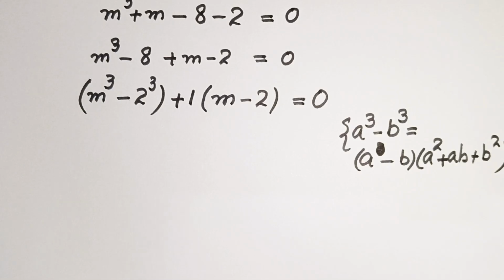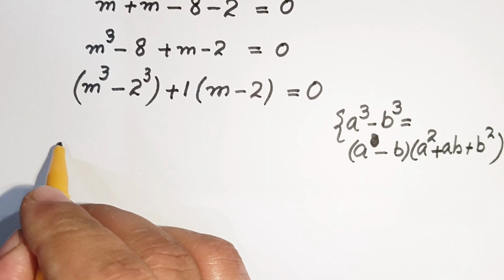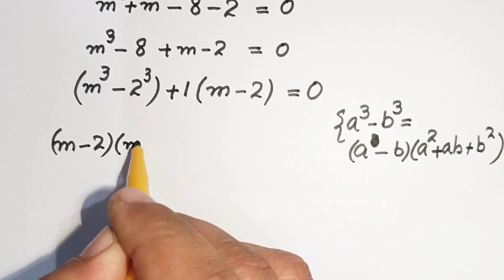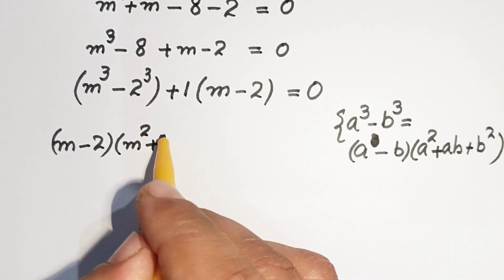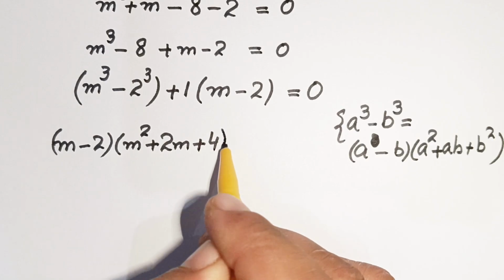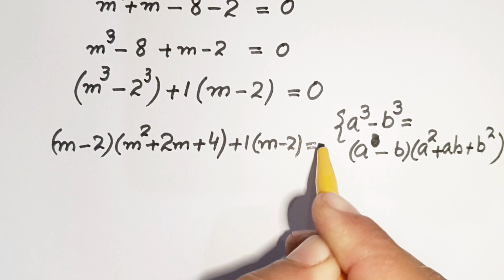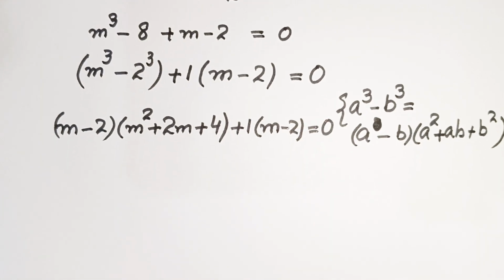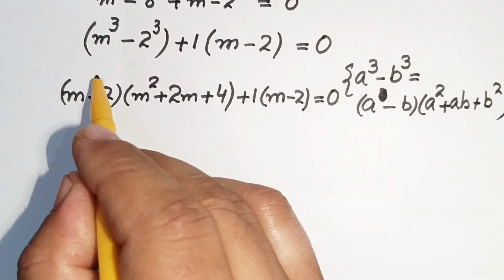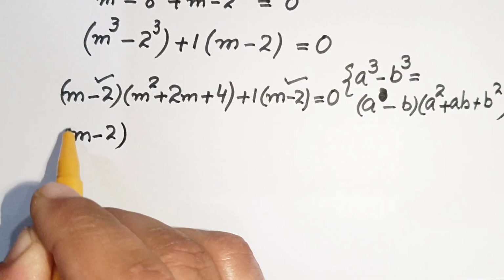Applying this formula, m cubed minus 2 cubed will be m minus 2 times m squared plus 2 times m plus 2 squared, which is 4, plus 1 times m minus 2, equal to 0. Now we see that m minus 2 is a common factor, so we take m minus 2 common.